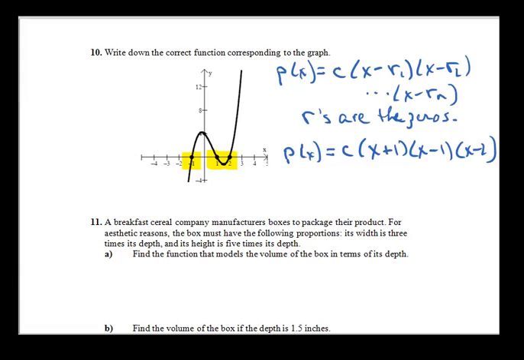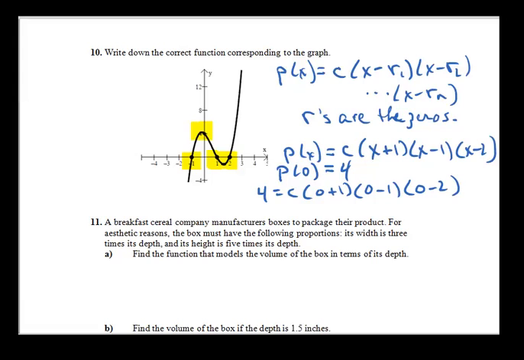So now the only thing left to do is find the value of c, and the way I can find the value of c is by using the y-intercept. I know that when x equals 0, y is 4. So in other words, p of 0 equals 4. So I can solve this equation. 4 equals c times 0 plus 1 times 0 minus 1 times 0 minus 2.